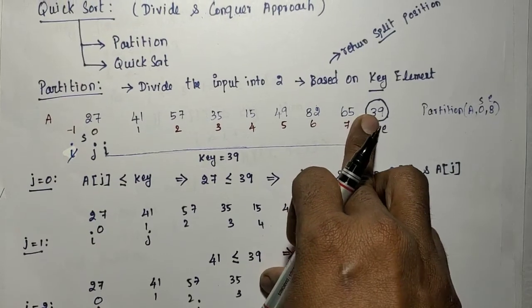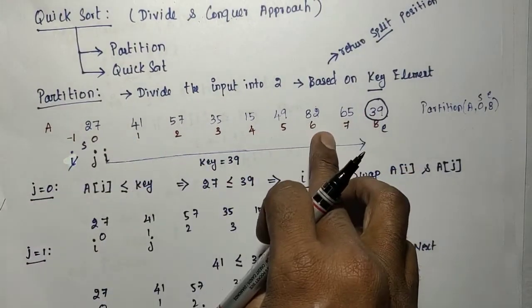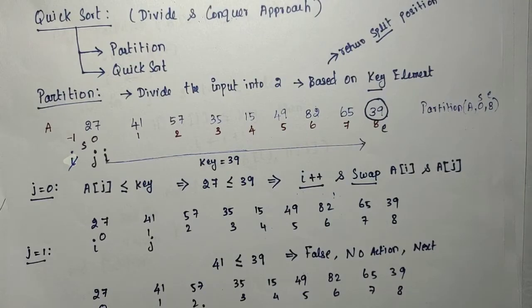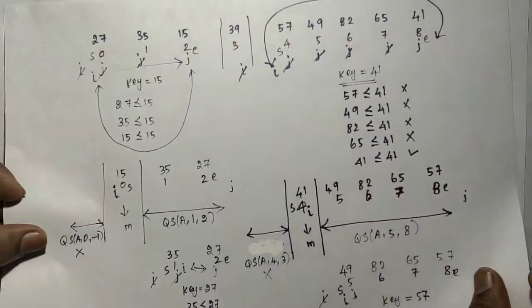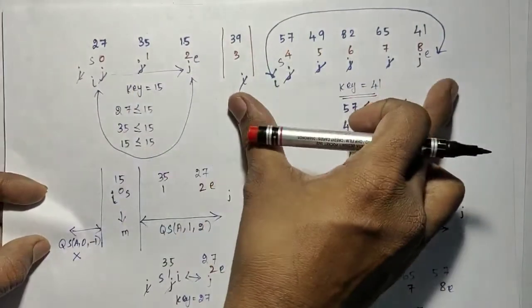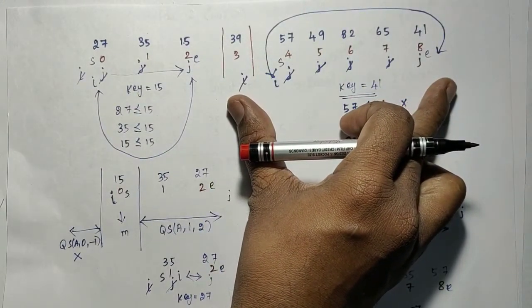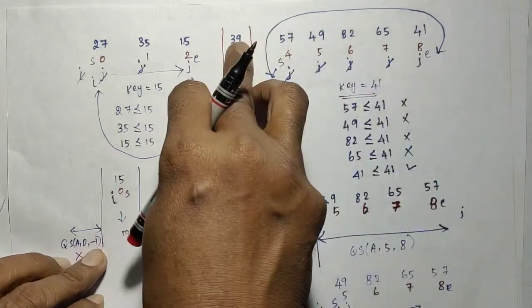The elements less than 39 will be in the first recursive call. The elements greater than 39 will be in the second recursive call. So the partition of the input is based on the value of the key element which you have chosen.